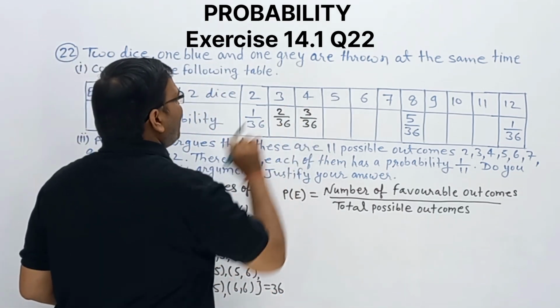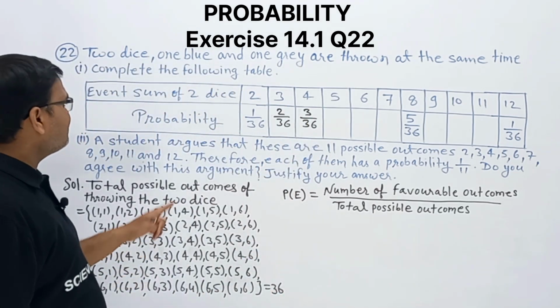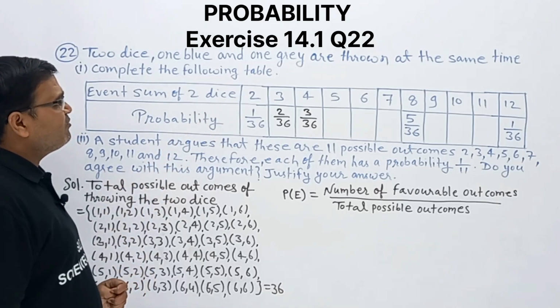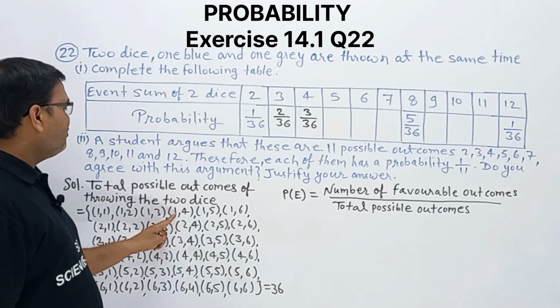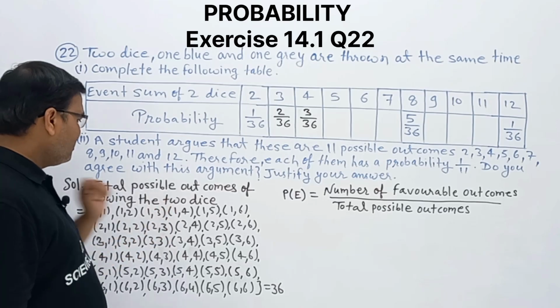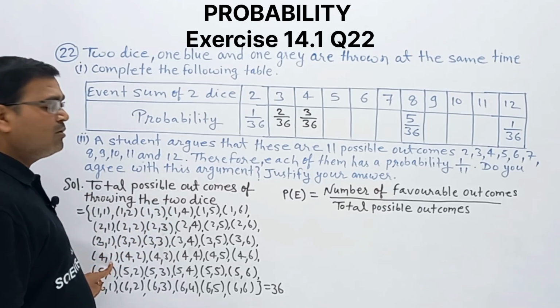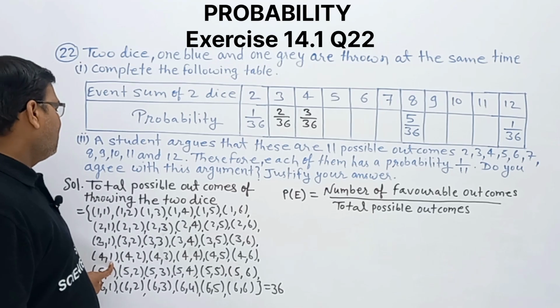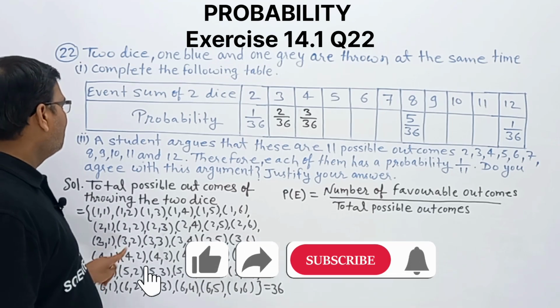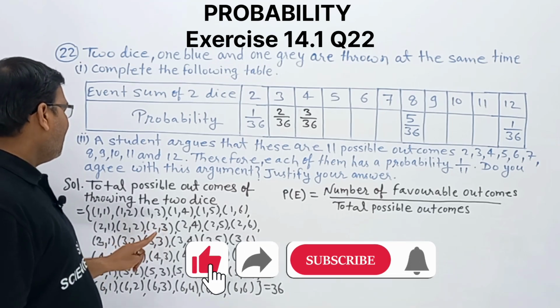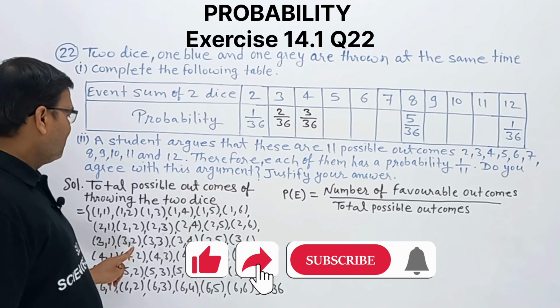Now sum 5. Next we require sum of 2 dice 5. So the outcomes will be 1, 4 and another one is 4, 1. The sum will be 5. Clear? Now 2, 3 and 3, 2.